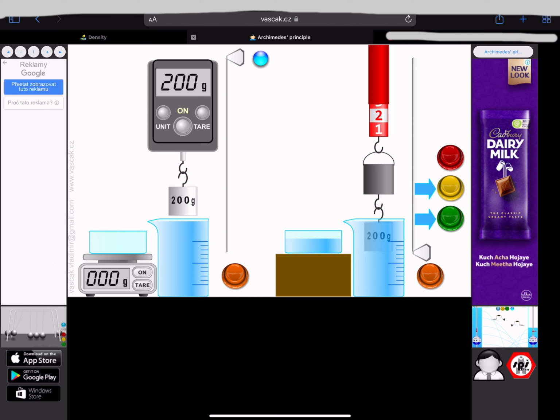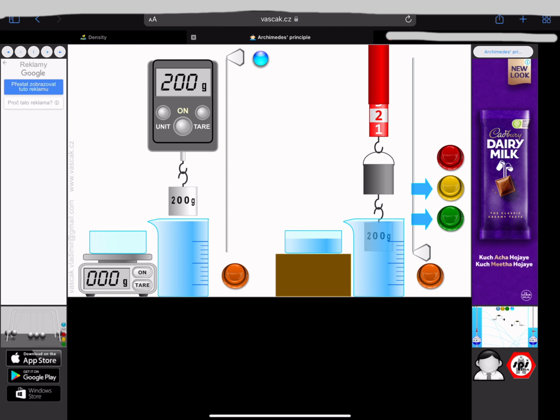And we can determine that the weight of the water displaced in another container gives the concept of how much upthrust you have on this mass of 200 grams. So 2 points you have to remember. One is that when we immerse the body into the liquid, there will be a loss of weight of the body, and the apparent weight will decrease.